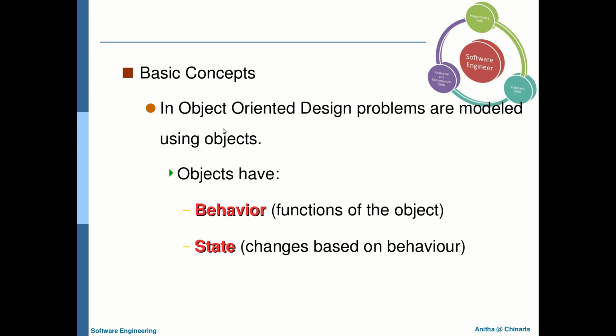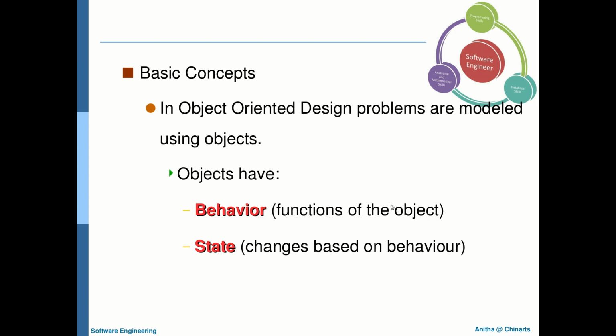Whatever entity you have in the problem will be represented as an object, and the objects will have behavior and states also. When I say behavior, it means the functions of the object. That means the things they do can be represented as behavior.